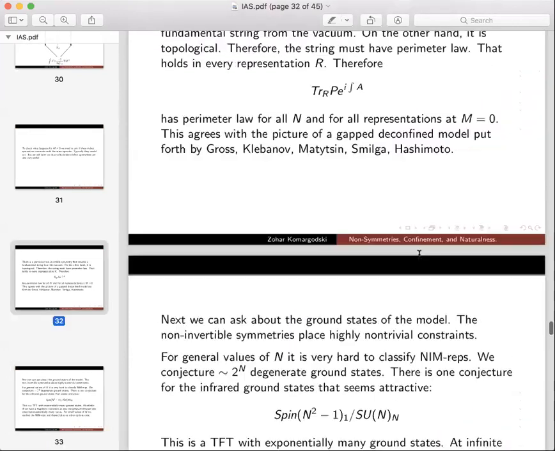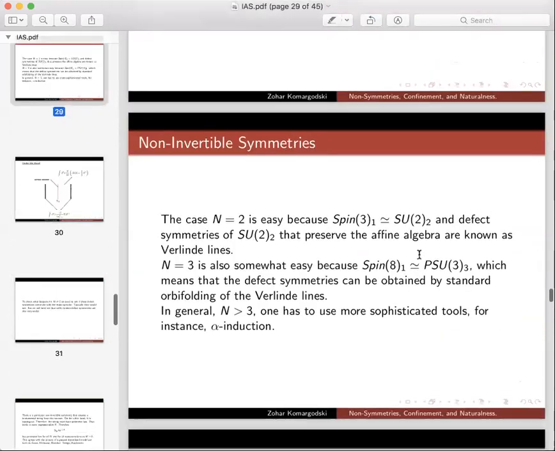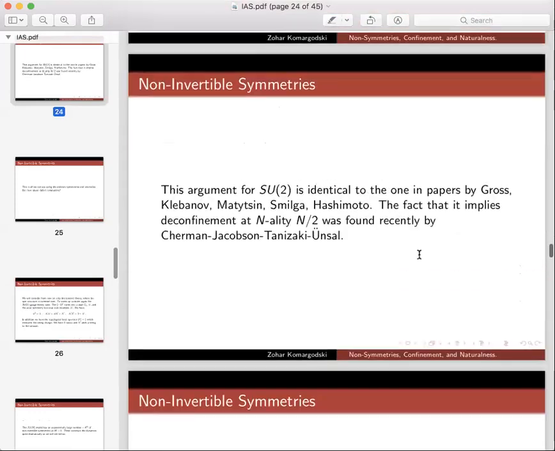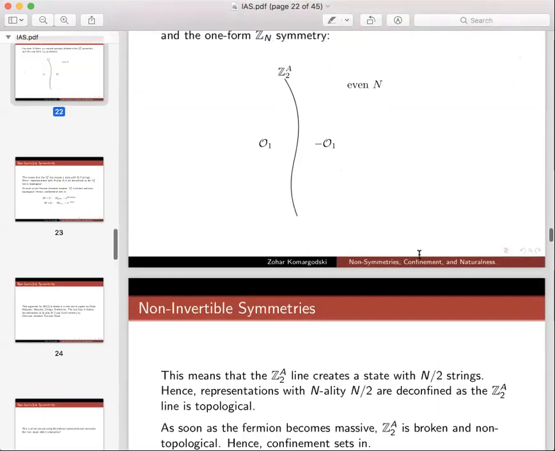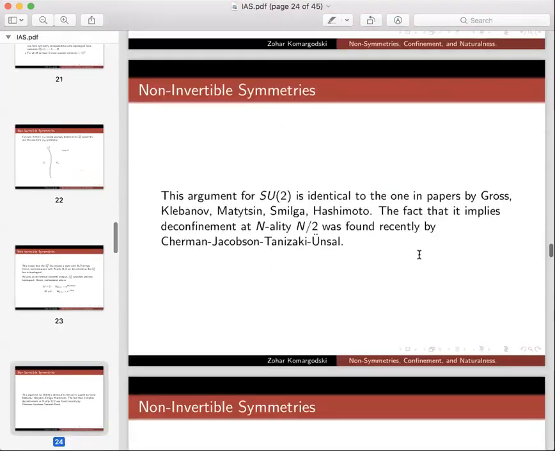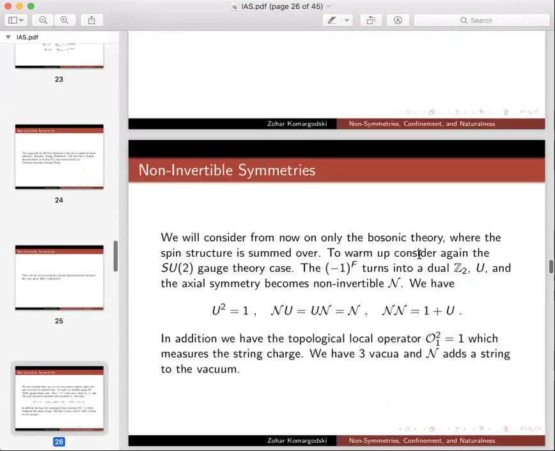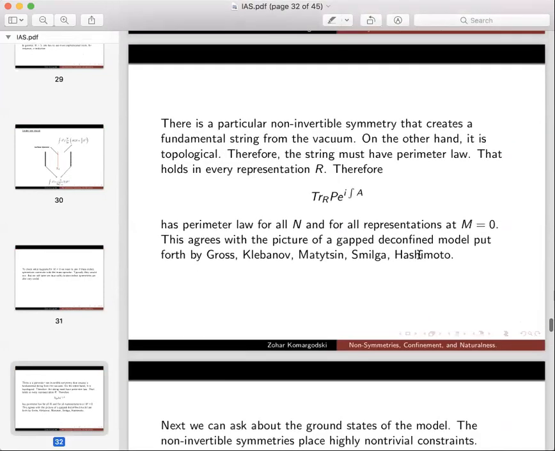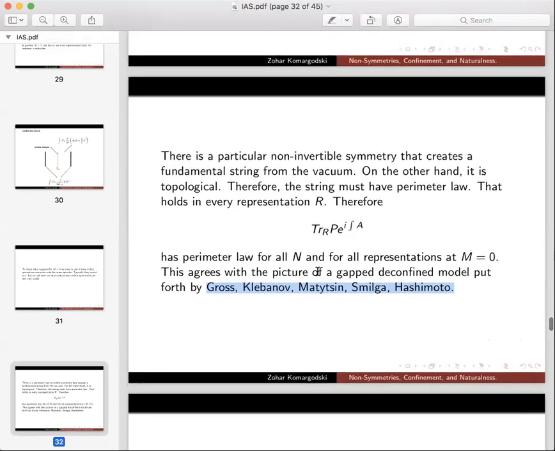That's one argument. Another argument is from a lot of very beautiful work that was done numerically by Klebanov, Gross, Hashimoto, and others. Some of these people did many DLCQ studies of this model, and they found very strong evidence that it's gapped.